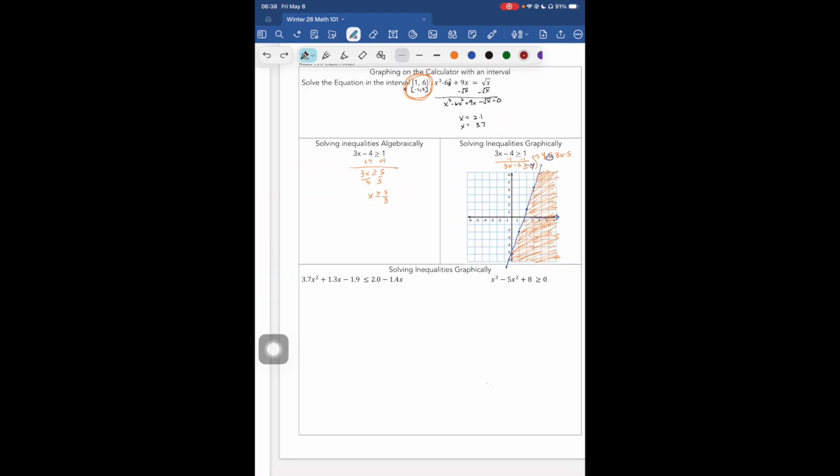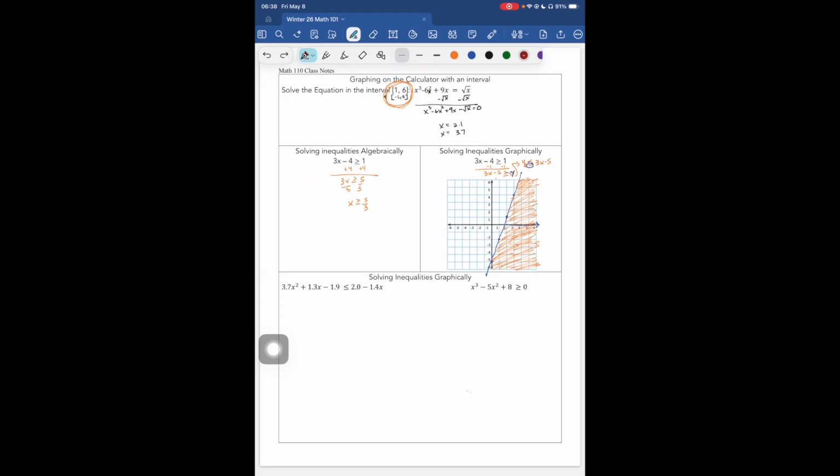Okay. Our last two, graphing inequalities. We're actually going to graph this on the calculator. And this first one is very similar to what we did prior. We're going to take this inequality, we're going to split it in half, and we're going to rewrite the equation. We're going to set it equal to 0.